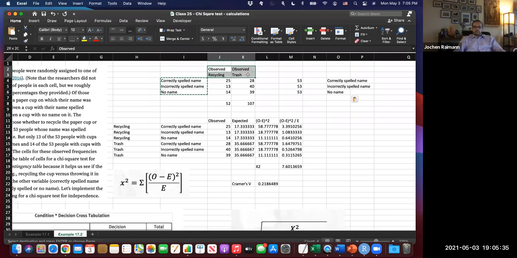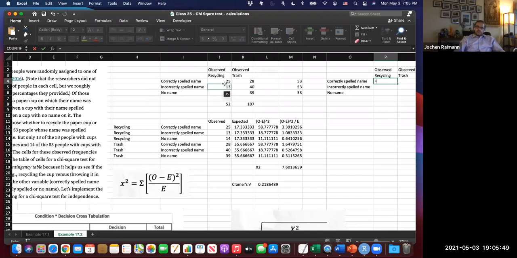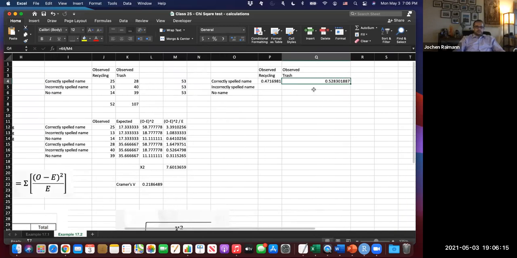We have observed recycling, observed trash. And now we essentially take the actual entry divided by the marginal total. So this gets you a proportion. You have here 0.47, this is your proportion within your group. When you do the same thing here and divide it by the 53, you get essentially the inverse, right?